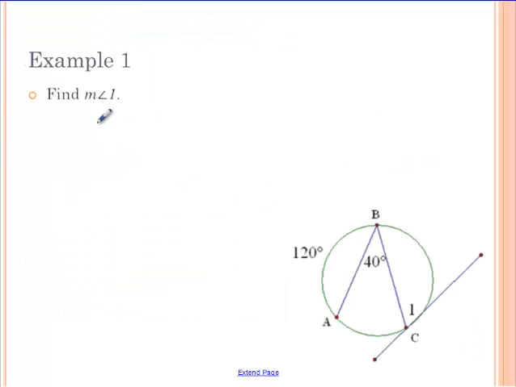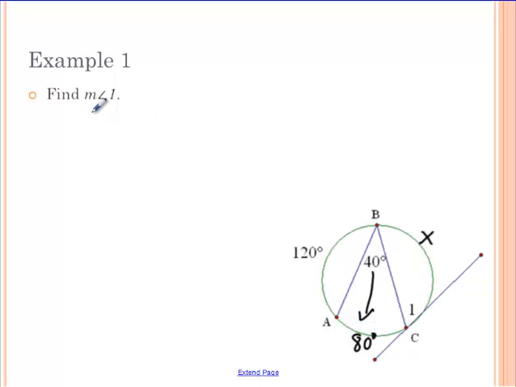So, find angle 1. Angle 1's over here. To find angle 1, I want to know what this arc is, and then I want to divide it by 2. Okay, so let's start with that being x, and then we'll find angle 1. Because this is 40 degrees, the arc that's across from it is going to be 80 degrees. Now I know 120, 80.